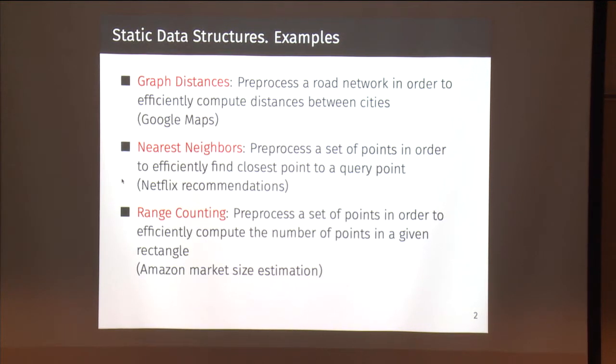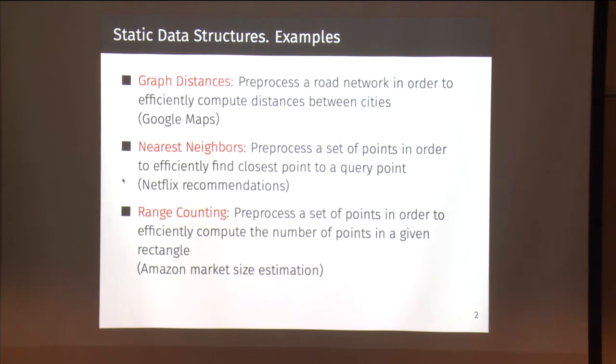And a problem that we'll be looking at today, many times, is a range counting problem. Again, I'm giving you many, say, shapes, maybe like rectangles. You have a lot of time to preprocess them, but then quickly answer the queries, like how many points do you have in this rectangle, how many points you have in this rectangle, and so on.